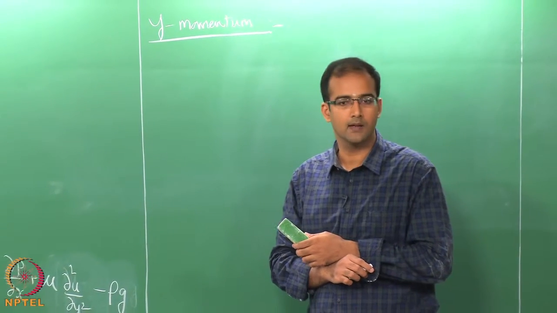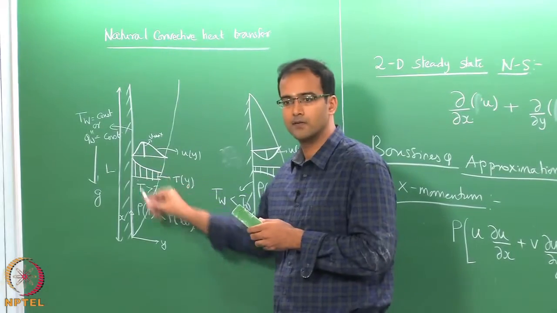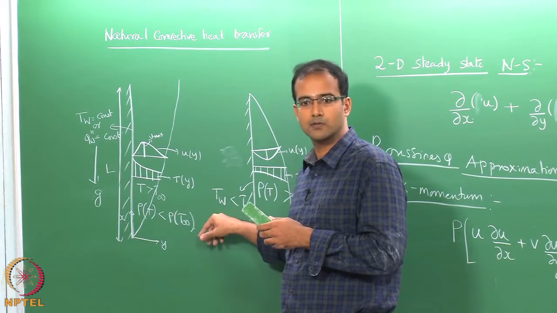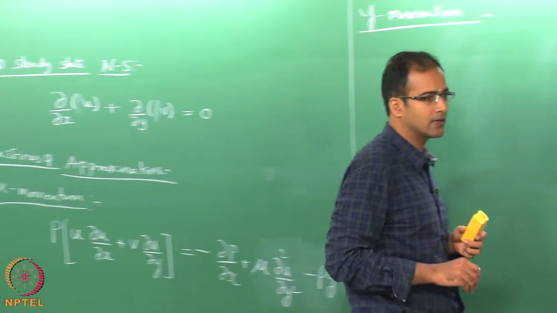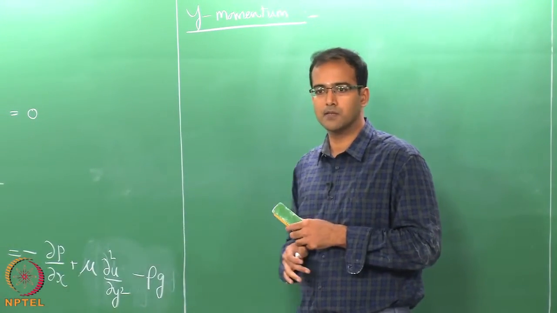We have only u velocity, which is varying as a function of y, we do not have any v velocity, that is, velocity perpendicular to the plate length. Therefore, the convective term of the y momentum equation will be 0.